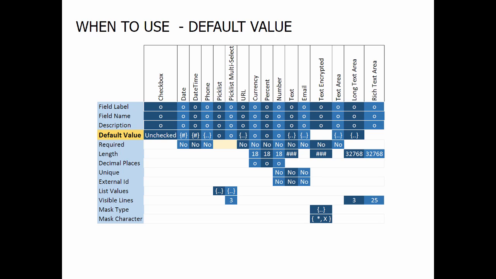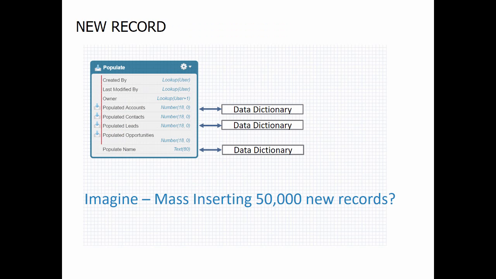But I'm trying to figure out the rule behind when you should use a default value. I'm going to show you the only thing I could come up with that makes sense, that will guide you towards whether you should use a default value or not. And here it is.